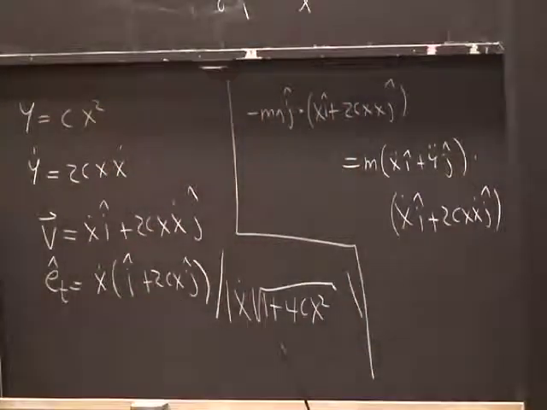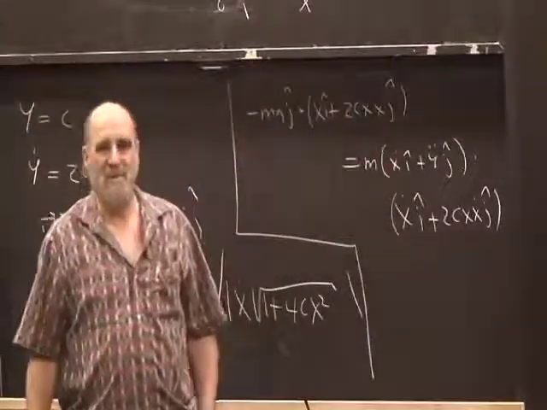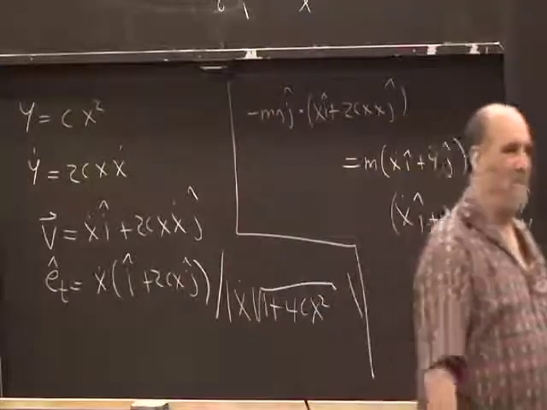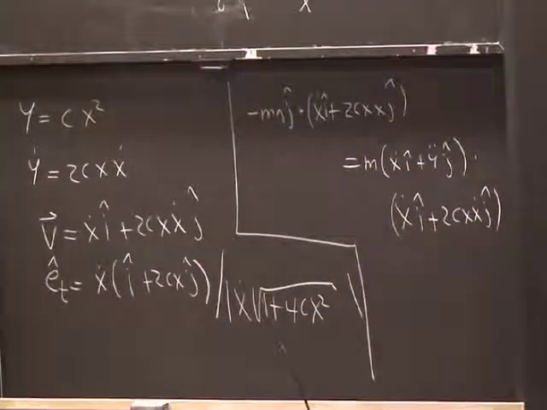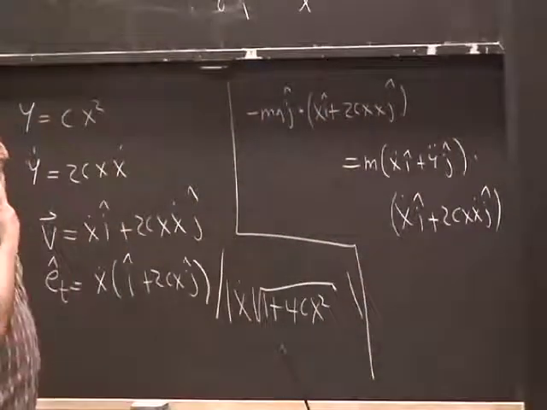Now what do we get from this whole mess is this will give us a differential equation that only has x in it. So this is a 1 degree of freedom system. So by this means we have reduced this to a single differential equation involving only x.